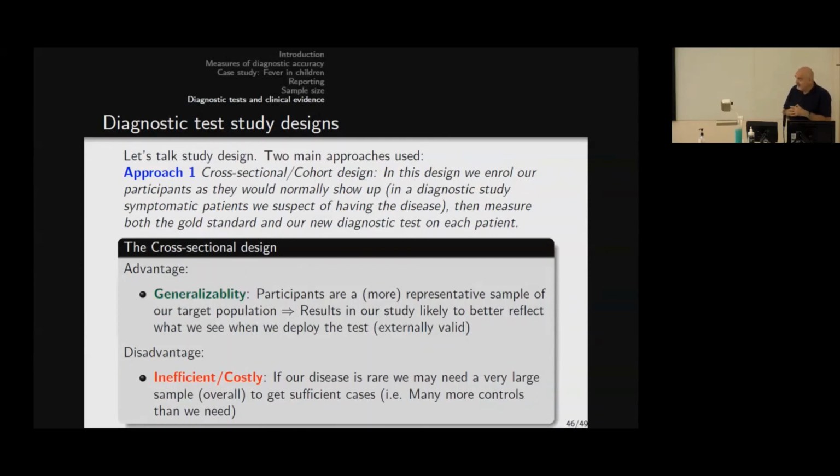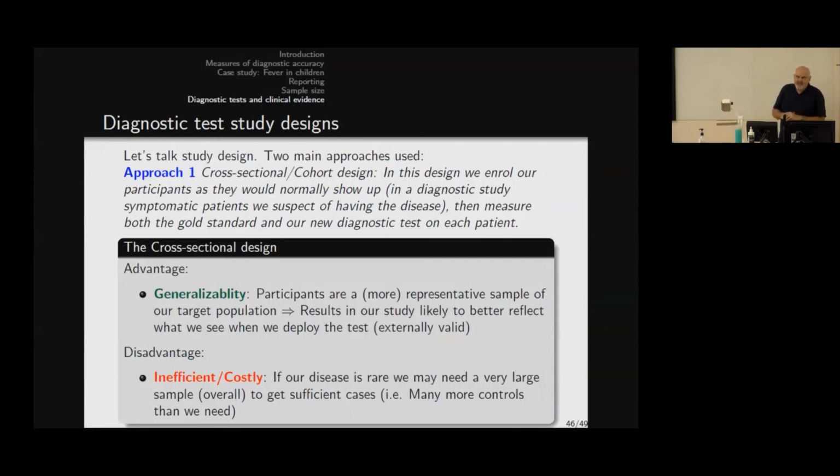For others, particularly the positive and negative predictive values, prevalence matters so much. So it has the advantage of generalizability. Participants are more likely to be a representative sample of our target population, so the results in our study are likely to better reflect what we see when we deploy the test. In other words, there's a higher chance of external validity.